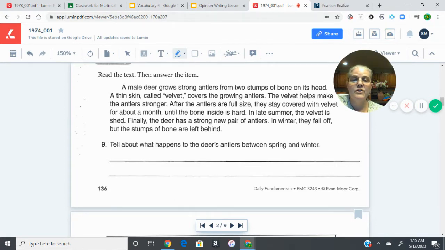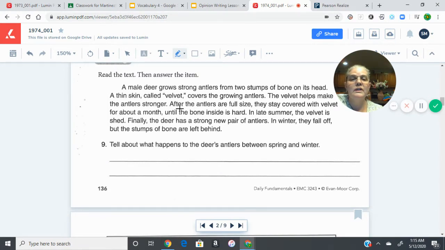After the antlers are full size, they stay covered with velvet for about a month, until the bone inside is hard. In late summer, the velvet is shed. Finally, the deer has a strong new pair of antlers. In winter, they fall off, but the stumps of bone are left behind. So what happens to the deer's antlers between spring and winter?